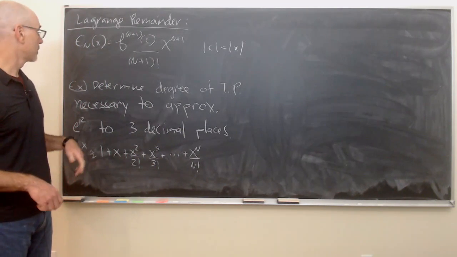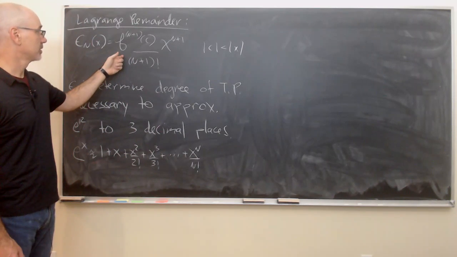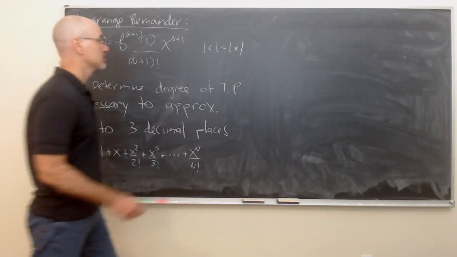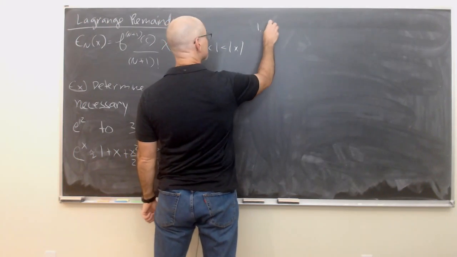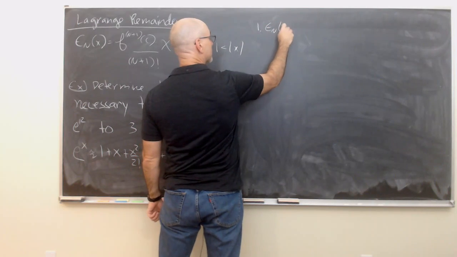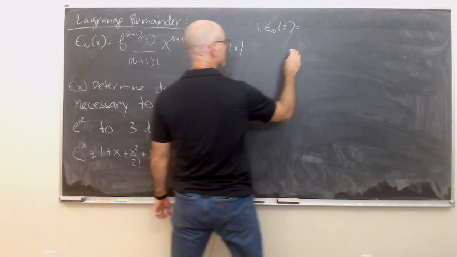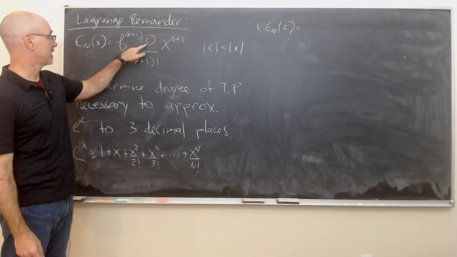So we have a little bit of work to do to turn the Lagrange remainder from this form into something we can actually compute with. So let's do this in a couple of steps. First, we know the error at 2 for n is going to be the n plus first derivative of f evaluated at some point c.